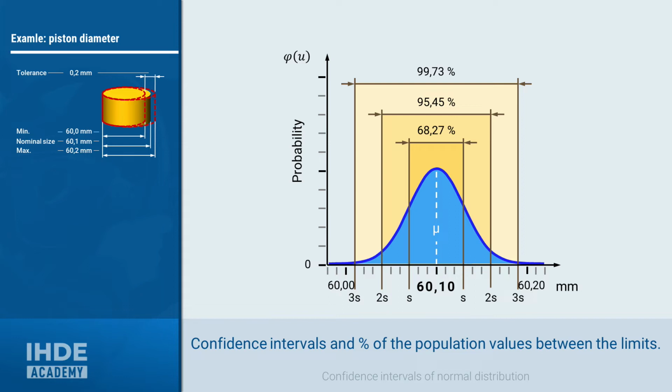This may sound like a lot, but it also means that 0.27% of all values are outside this range. With 1 million parts produced, that would be 2,700 pieces. This is quite a lot and would not be acceptable in the industry for important characteristics.